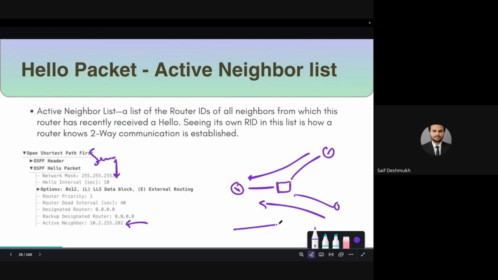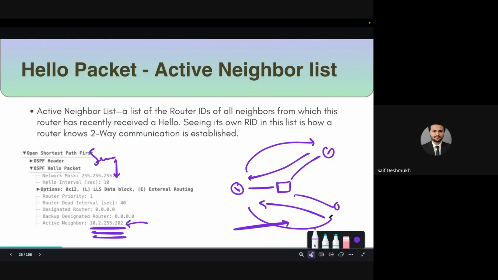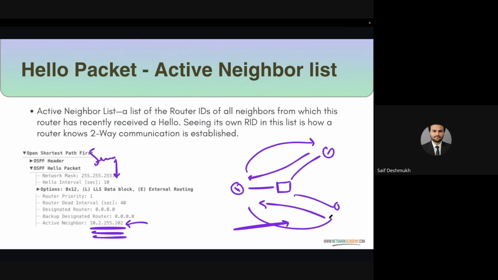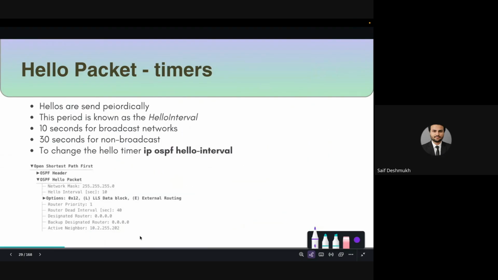When it sends out its own hello, it's going to mention all those neighbors it received hellos from earlier. It maintains all those neighbors in the active neighbor list. And when they receive this hello, they know, okay, our earlier hello was received by the guy who sent us this hello. And that's how the two-way communication is established.